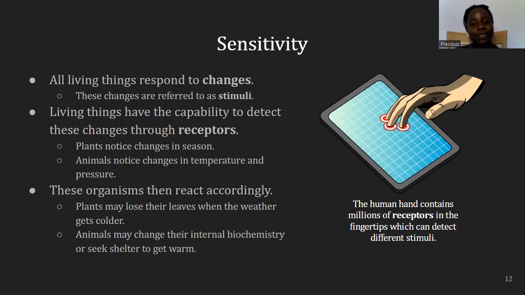That's because you have these receptors in your skin that can respond to pressure. They can tell that something is pinching me, right? You have receptors for other things as well that can respond to smells, that can respond to temperature. All of these receptors help a living thing to be able to tell when something is different in their environment.